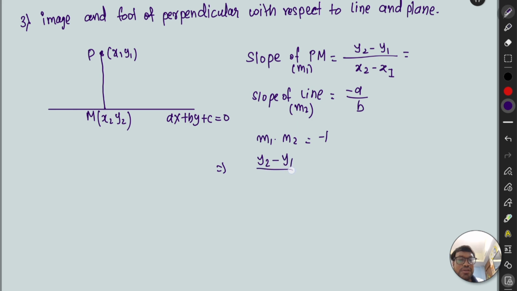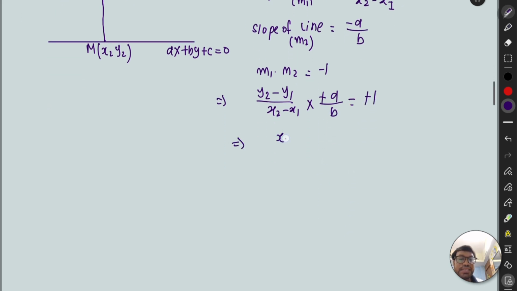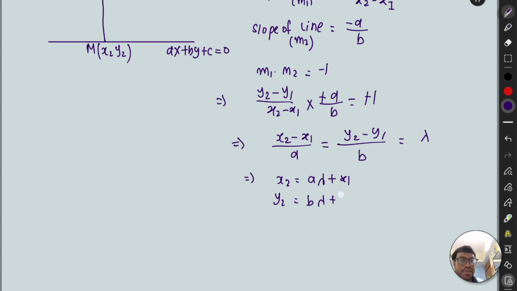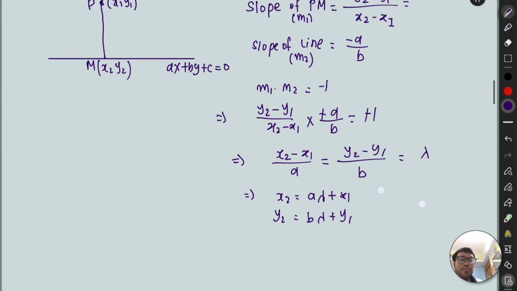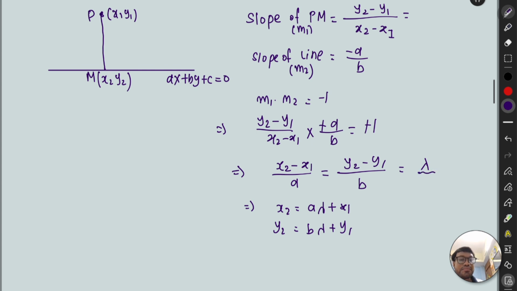Then y2 minus y1 upon x2 minus x1, into minus a by b, will be minus 1. Minus minus gone. So from here we can say x2 minus x1 by a equals y2 minus y1 by b. Let's say these two values are equal to lambda. So x2 equals a lambda plus x1 and y2 will be b lambda plus y1. Anyhow, we have to find the value of lambda.